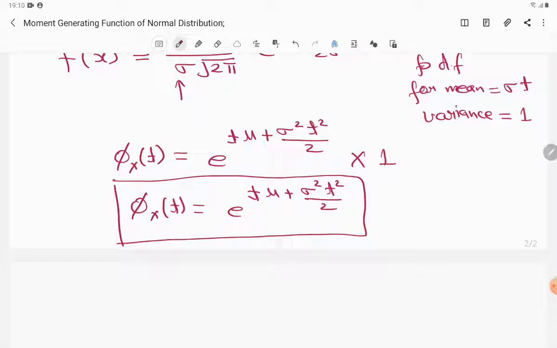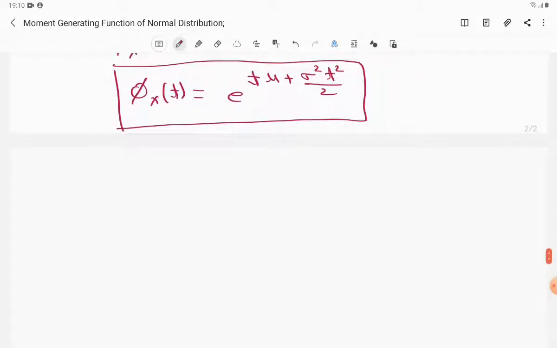And as we have discussed earlier, as per the very definition of the moment generating function, a moment generating function is a function which basically generates moments, and therefore I can use this to generate moments. So that is what I have to find.